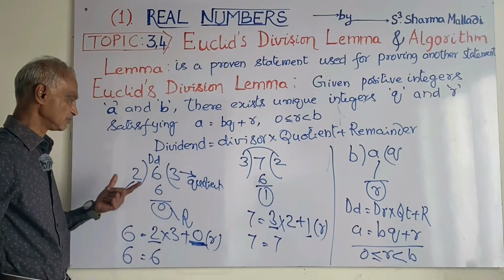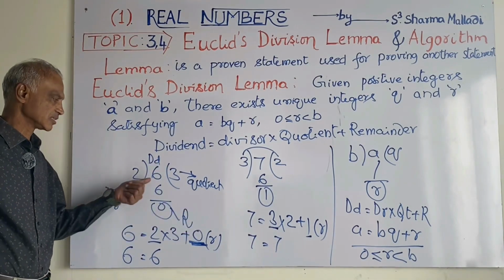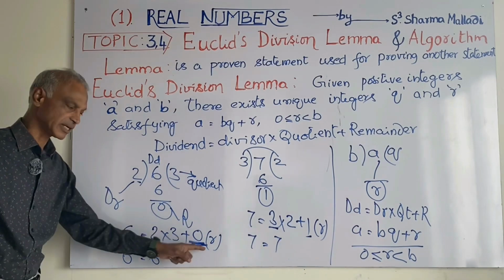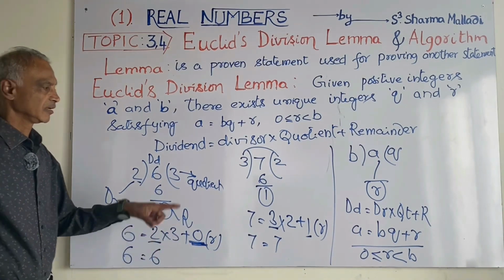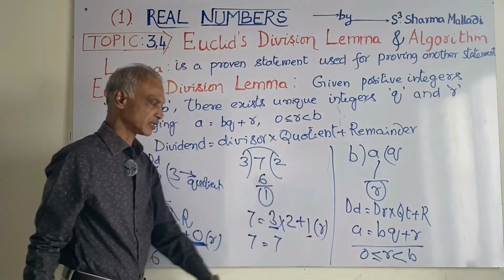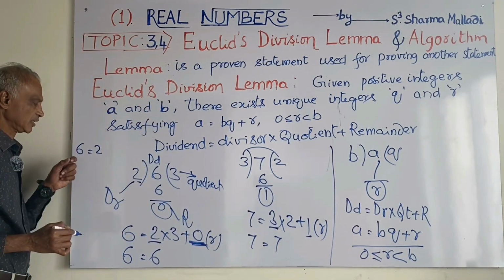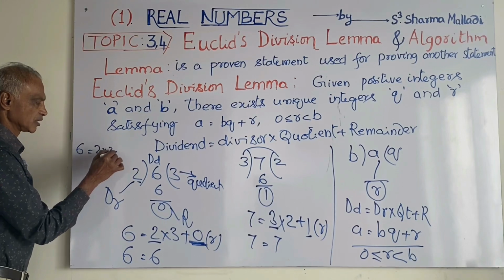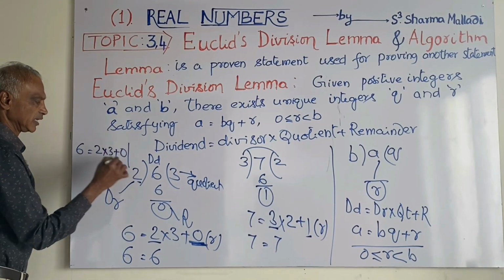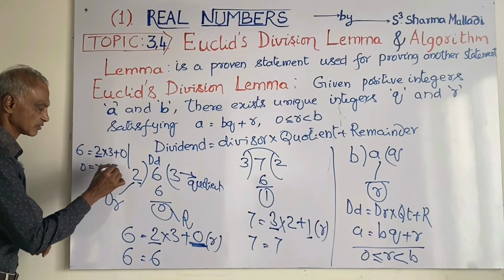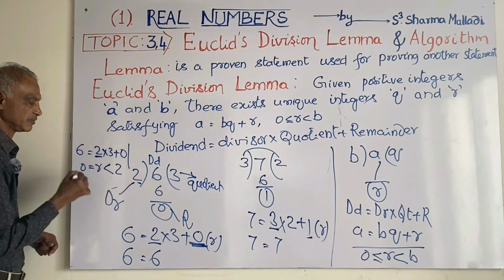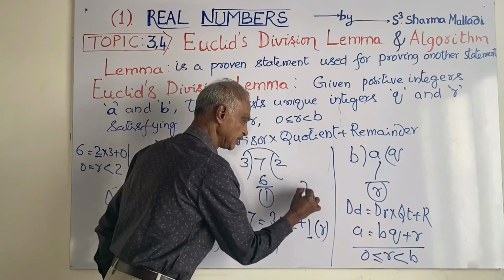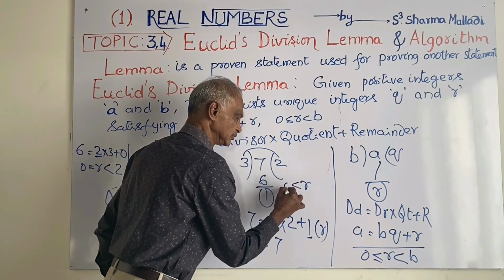You see, observe these two examples. In this example, we are dividing 6 with 2. You are getting remainder as 0, as a is equal to bq plus r. In this case, dividend 6 is equal to divisor into quotient plus remainder. What is the divisor here? 2 is the divisor. In this case, remainder is greater than 0.